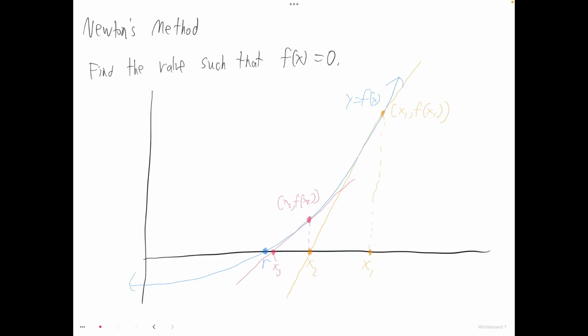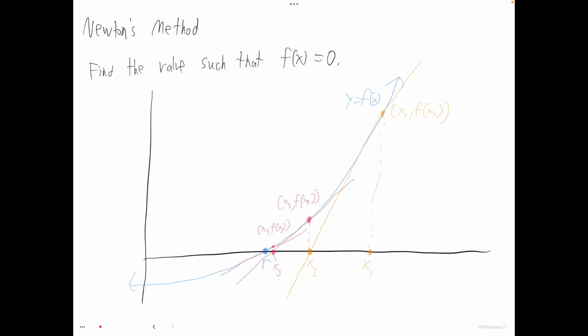Now notice x sub 3 is really close to the value of r, but we could get even closer if we went up again to the point x sub 3 comma f of x sub 3. We could form the tangent line there, and we basically get the value of r from that tangent line. This process usually doesn't exactly give you r, but in theory it could.